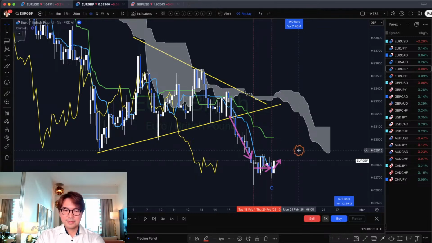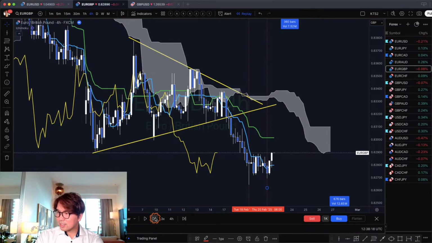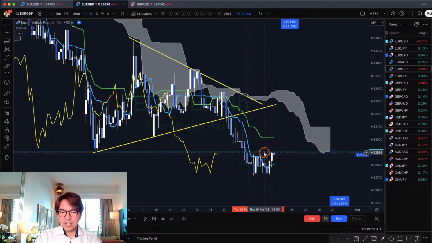And let's see what happens after this. The market retraces. Looks like it's heading towards the Kijun-sen, or the previous support level was here also. So it's been now resisted by the previous support, 0.8290, right?